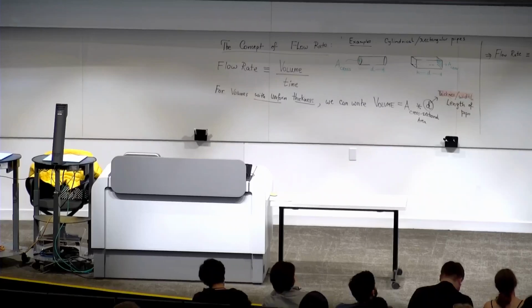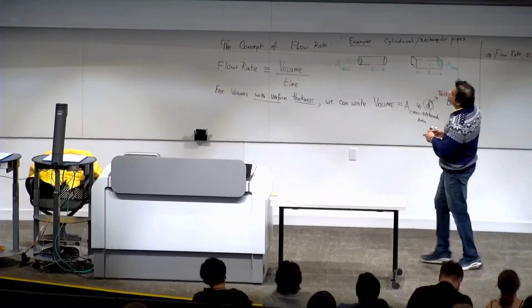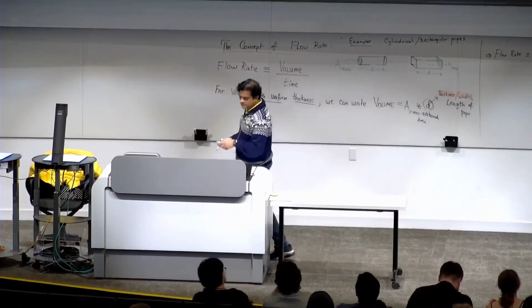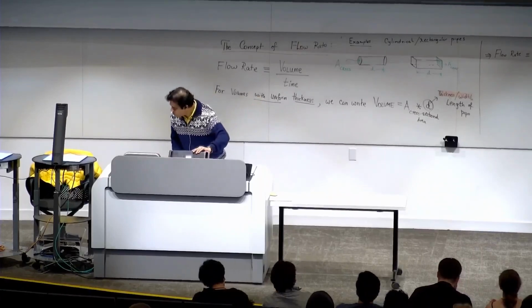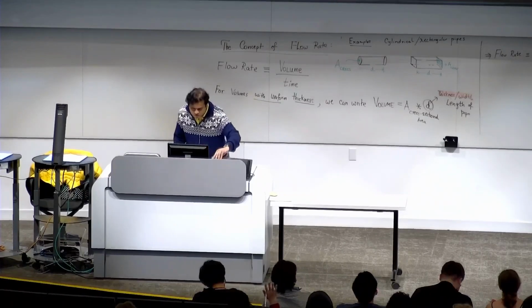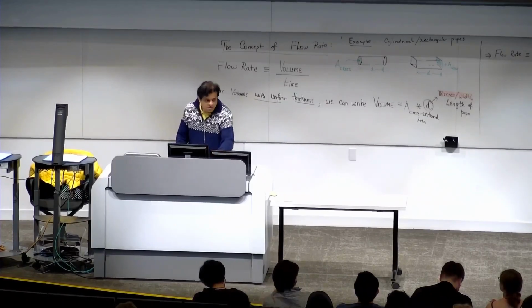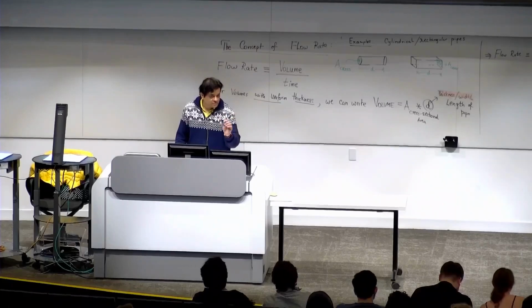If it is cross sectional area times d over t, what is flow rate going to become? Exactly, velocity, that is distance over time.